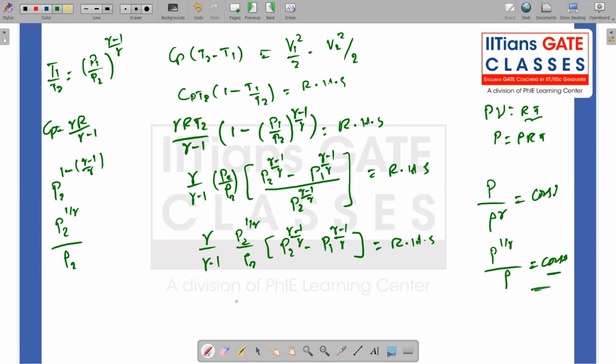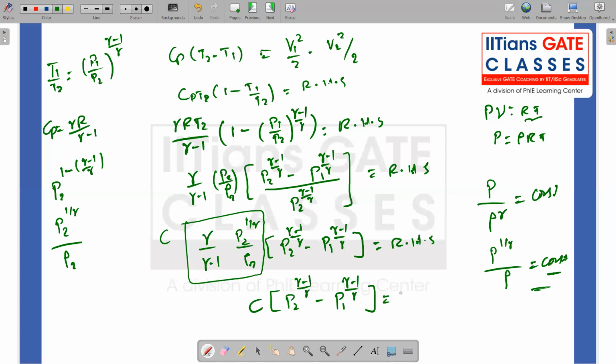And gamma by gamma minus 1 is again a constant, so this entire term is a constant. So I can write C times P2 to the power of gamma minus 1 by gamma minus P1 to the power of gamma minus 1 by gamma, which is equal to V1 square divided by 2 minus V2 square divided by 2.